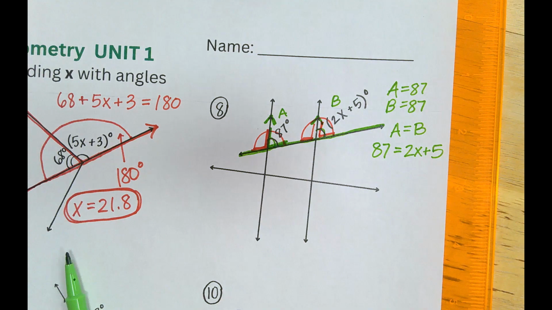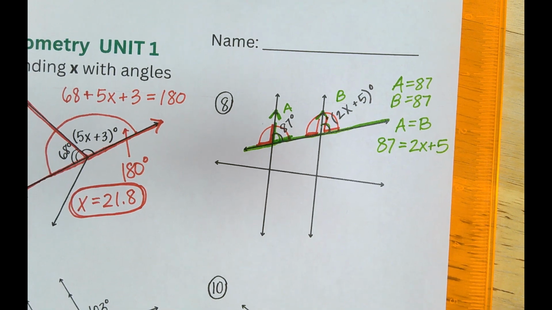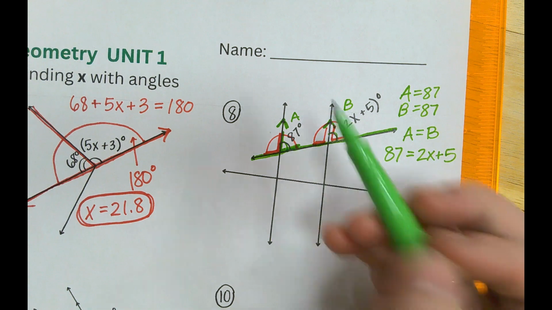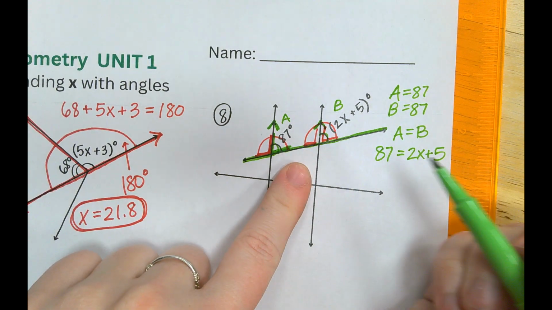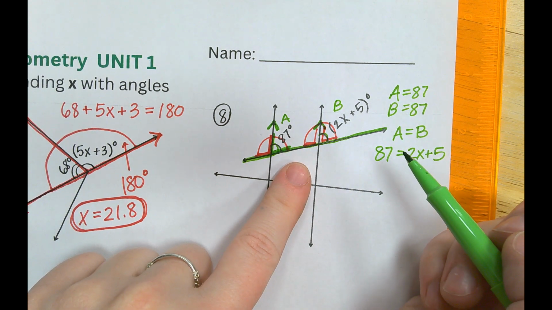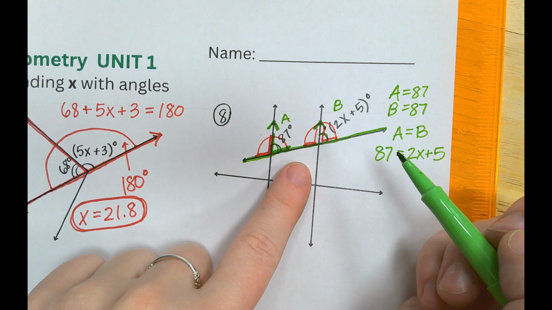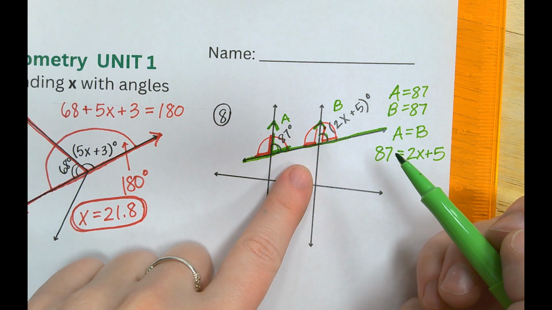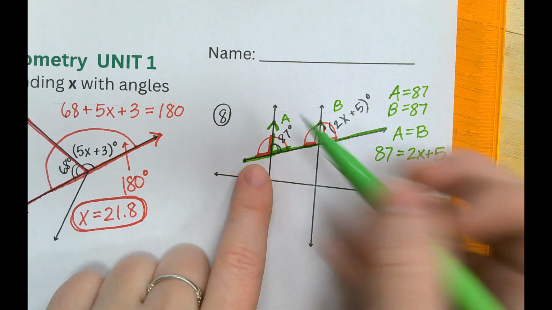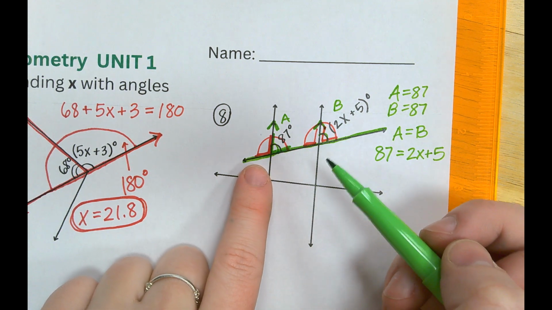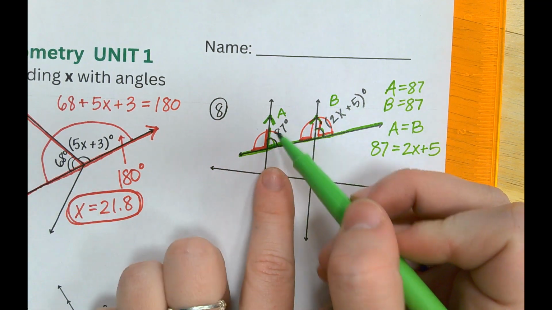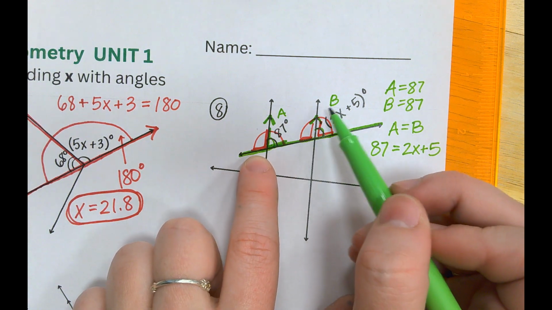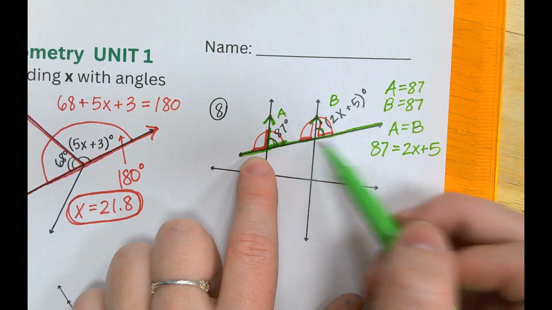The only reason why I said that is because the way I have my equation, I have 2x plus 5 plus 87 equals 180. But do they equal 180 when you add them together? Technically, no, they don't. Because 87 degrees is an acute angle, and this angle right here is also 87 degrees.